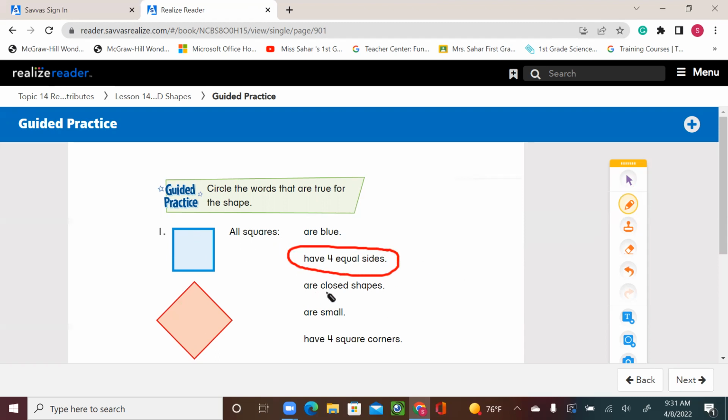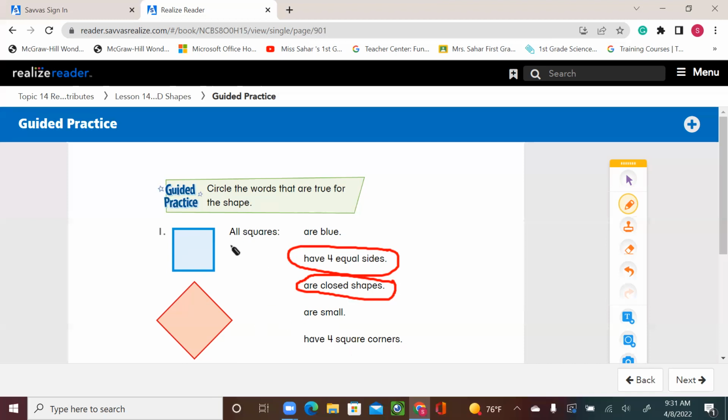Okay. All squares are closed shapes? Yes. All squares have to be closed shapes. So circle this one too. All squares are small? No, because we know colors and size cannot define a specific shape. All right.